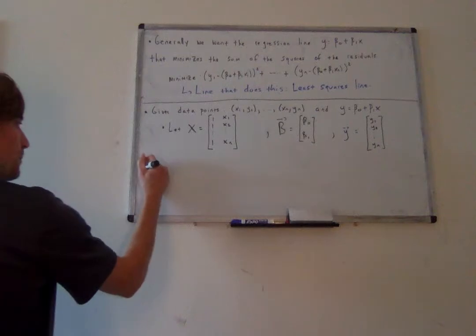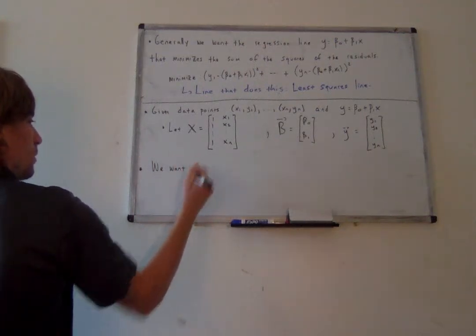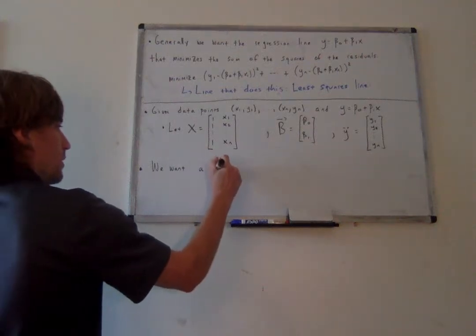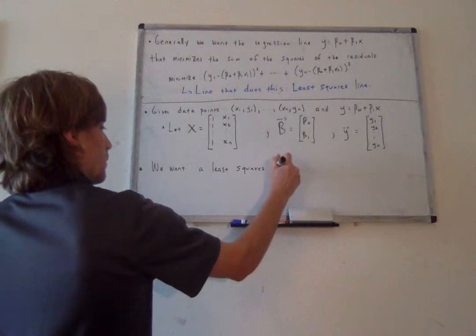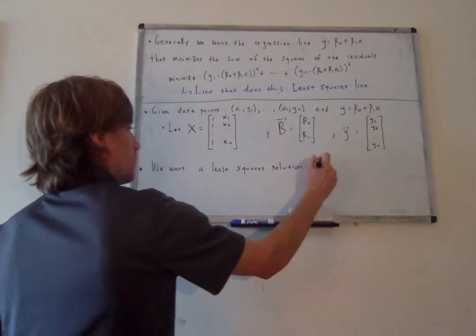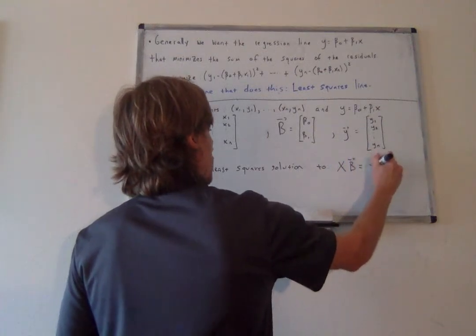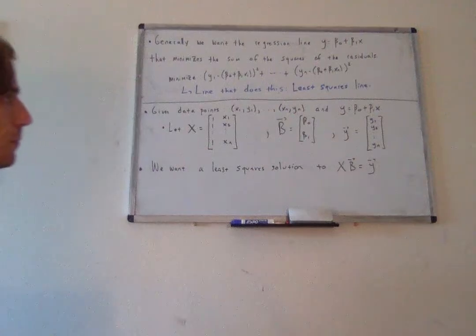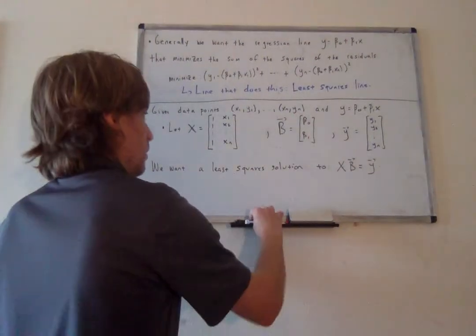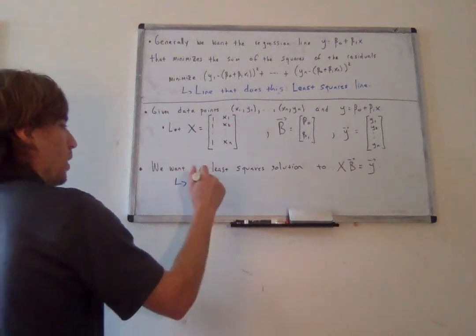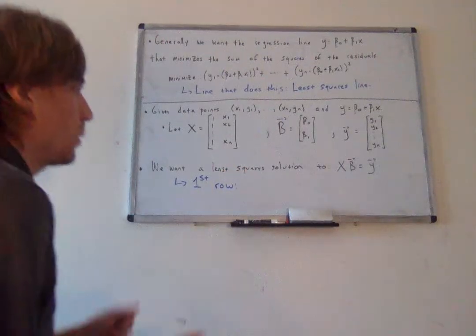So notice, we want a least squares solution to X times B is equal to Y. And to see this, let's look at the first row of X times B equals Y. Well, what's going on in the first row?